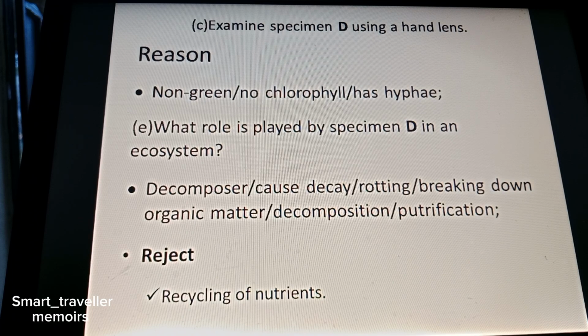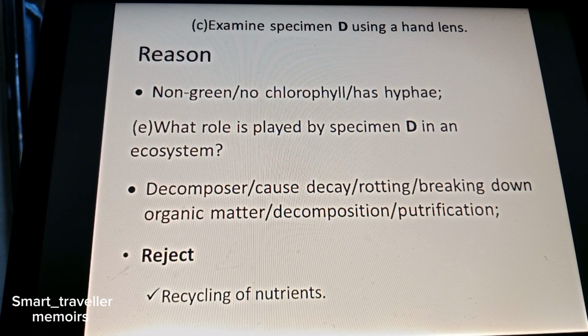What role is played by specimen D in an ecosystem? Specimen D is a decomposer. Or if you don't remember that one, you can say it causes decay or rotting or breaking down organic matter, or you say decomposition, or you say putrefaction. Reject the role if they say the role is for recycling nutrients.